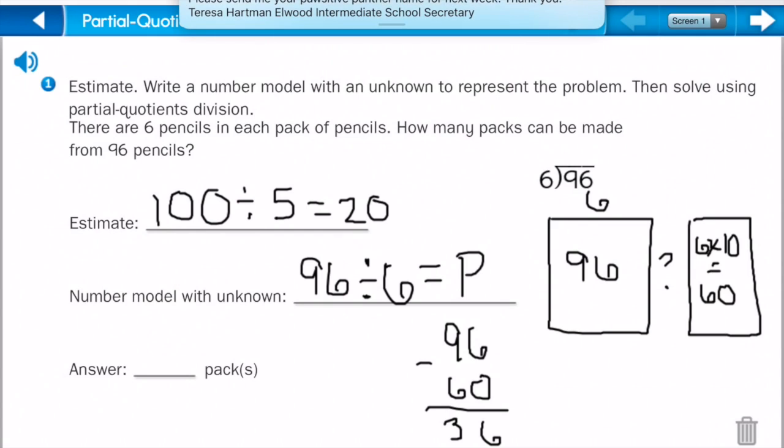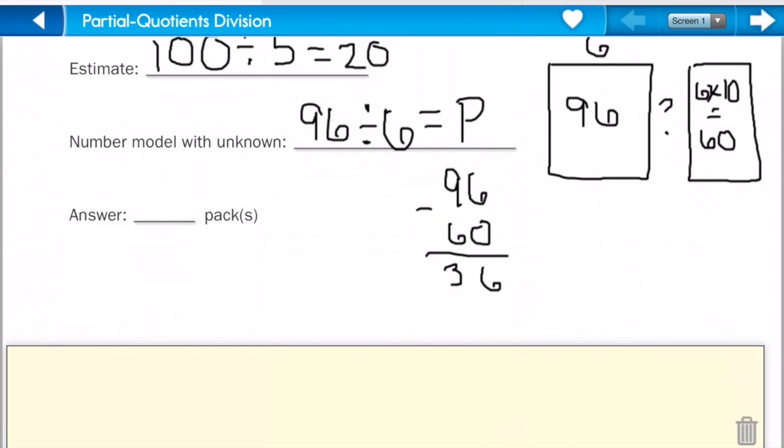So I'm going to draw another rectangle. Okay. So now I know that my top one is 6 times 10 equals 60. Now my leftover is 36.